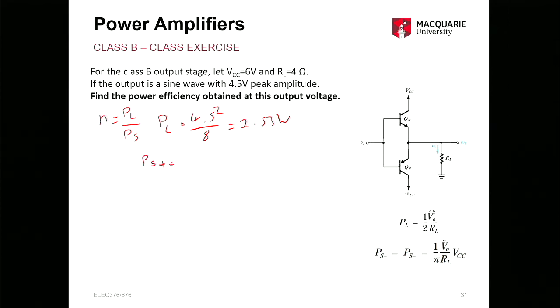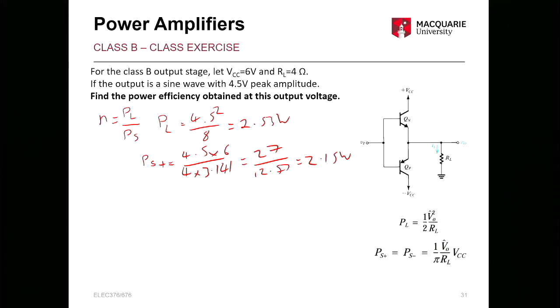Now PS, let's say plus, it's going to equal 4.5 times 6 over 4 times 3.141, that's just pi, which is 2.15 watts, and of course that's only for one of the PS's.